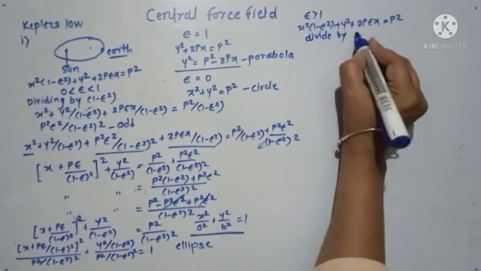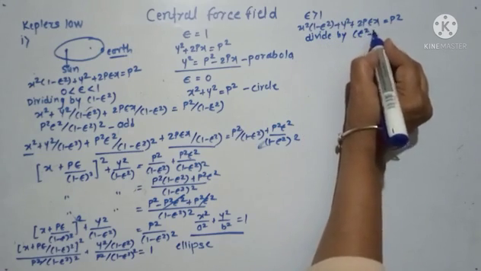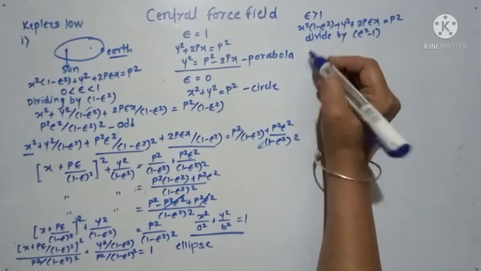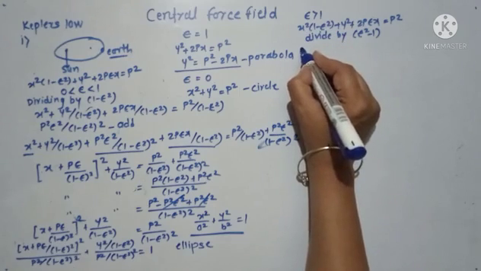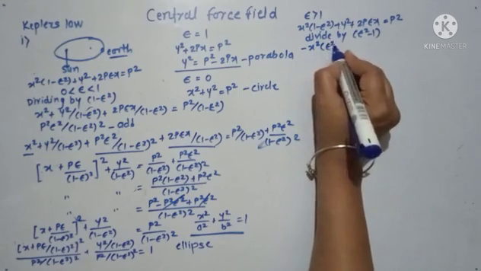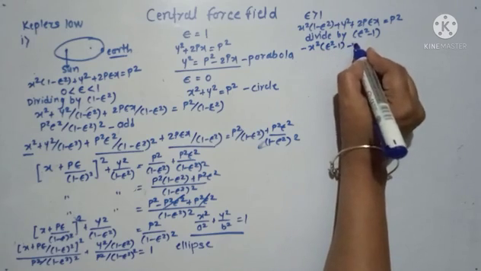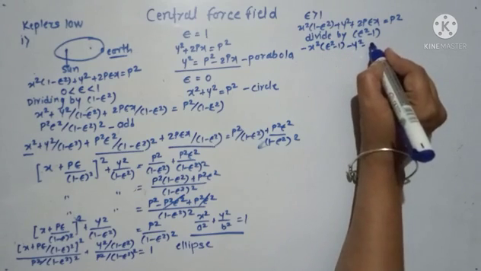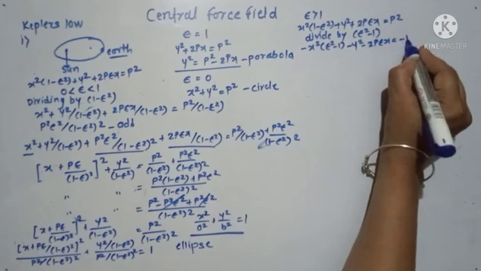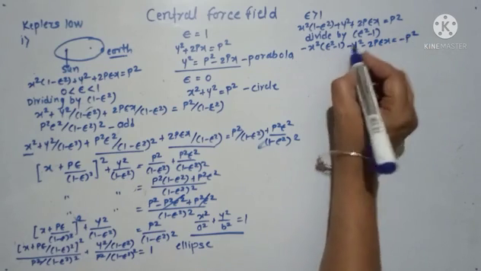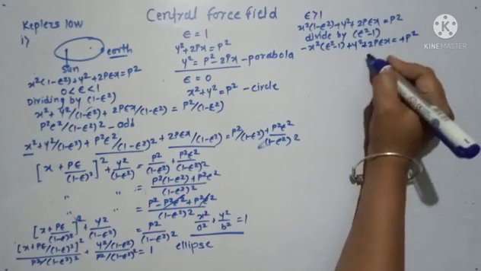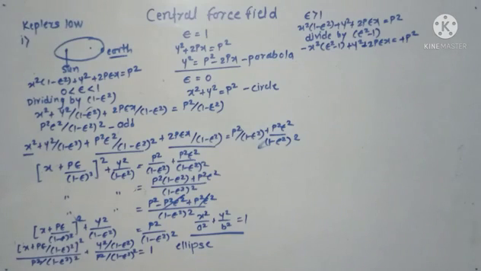Let me divide it by epsilon squared minus 1. For that, I am taking the minus sign common, so x squared into (epsilon squared minus 1) minus y squared minus 2p epsilon x equals minus p squared, and the remaining terms remain as they are.